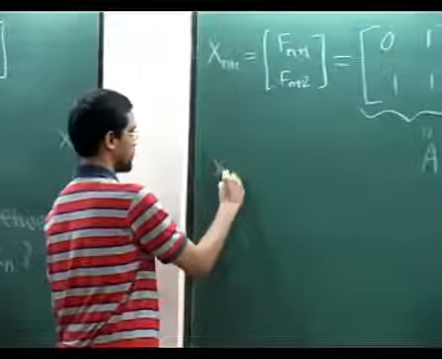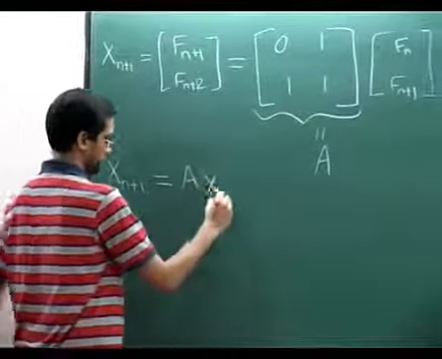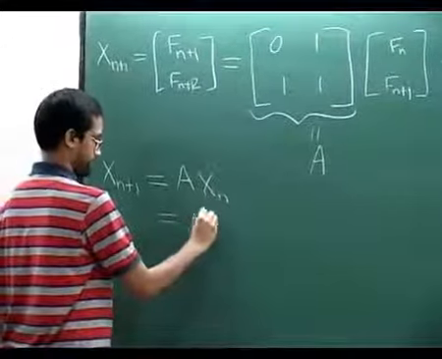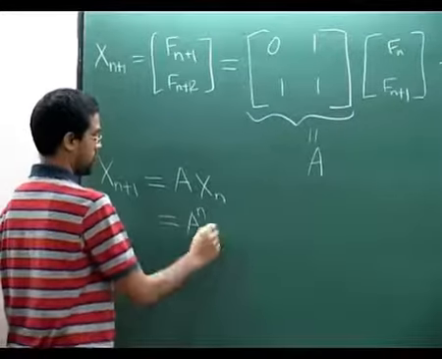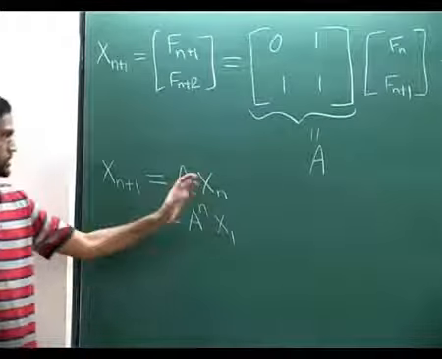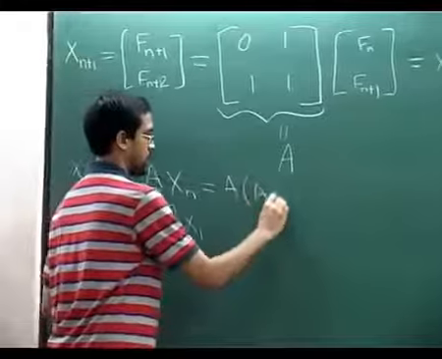We have managed to do the following: xn plus 1, just like the example that I just gave you, is A xn, which is A times A xn minus 1, and so on.